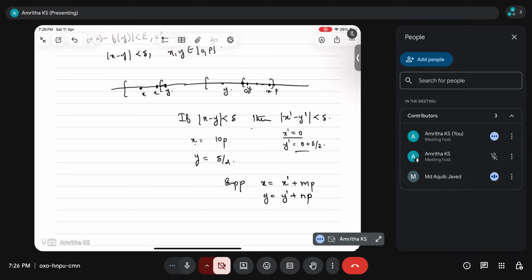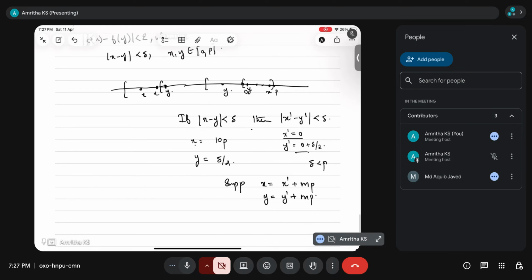Yeah, because I think we can take delta less than p. Okay. So the only case when, the distance of xy means the mod of x minus y.